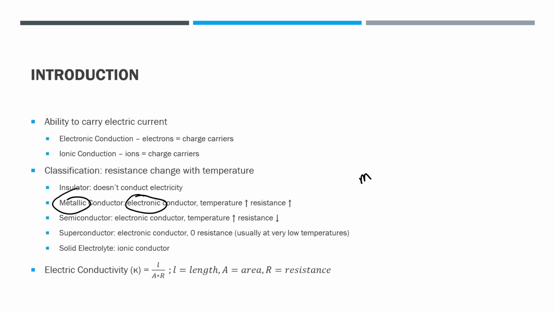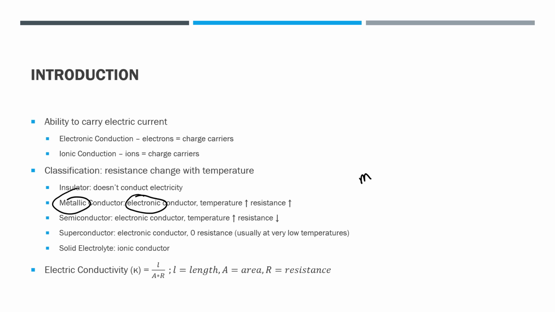When the electrons bump into the nuclei, they get scattered. Because of this, the movement of electrons through the metal is much more inefficient and slower, and that's why resistance goes up. It's kind of a weird notion, but in a metallic conductor, resistance goes up as temperature goes up.